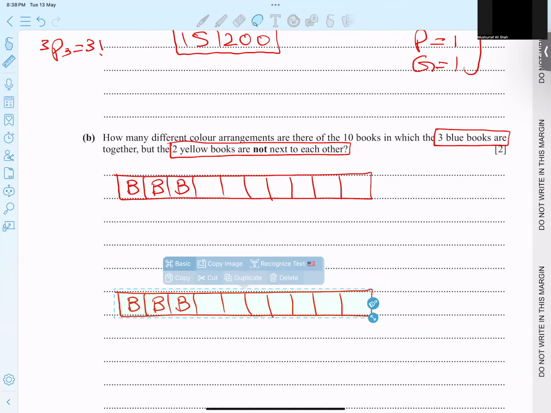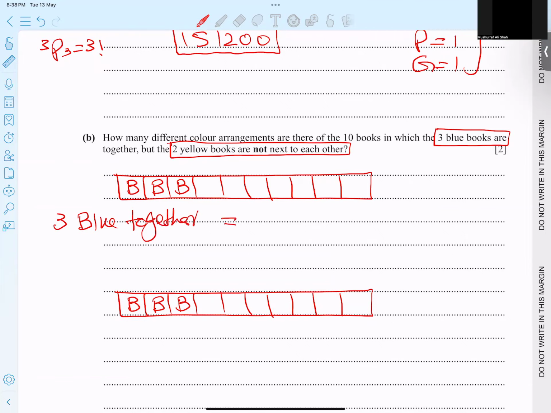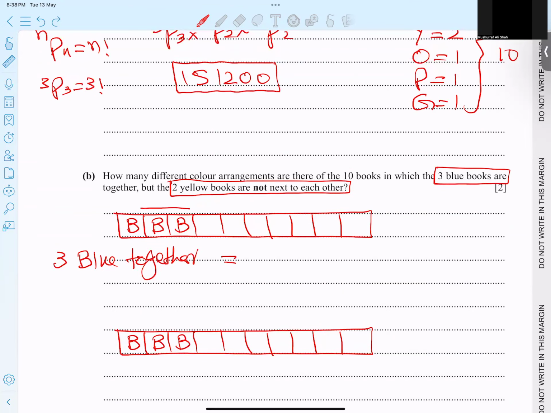So listen to me carefully. When I talk about the 3 blues being together, what is the total number of options? I don't care about the yellow books first. So what is an option? I will count this as 1 block and this as 1. So 1, 2, 3, 4, 5, 6, 7, 8.